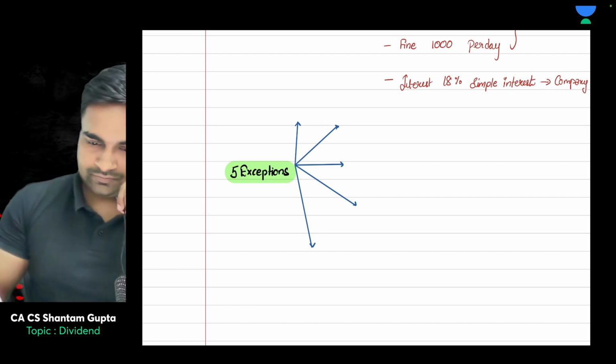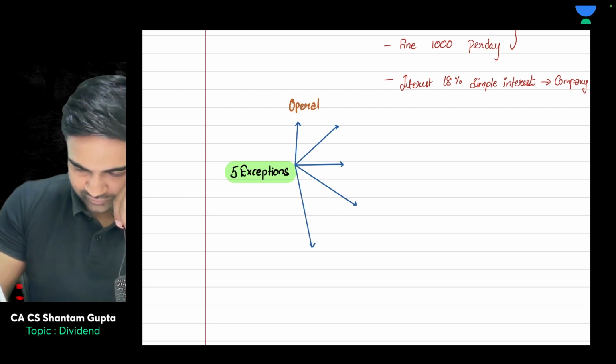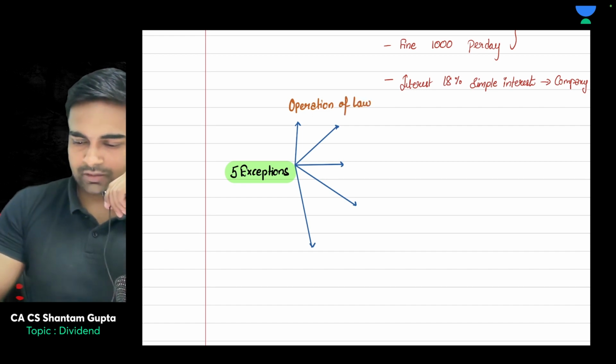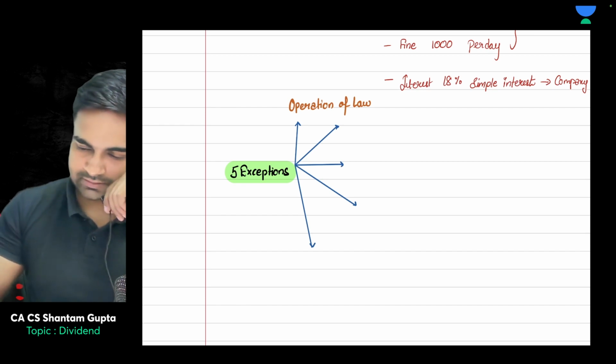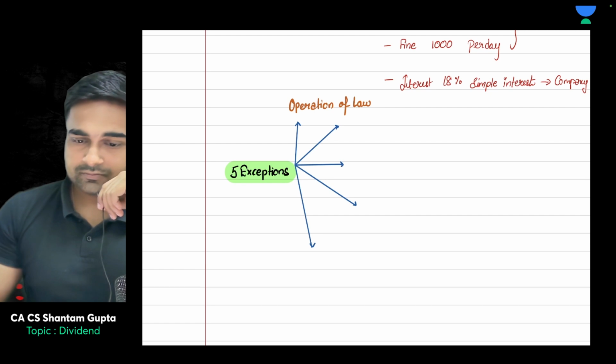First one, operation of law, that is inheritance.